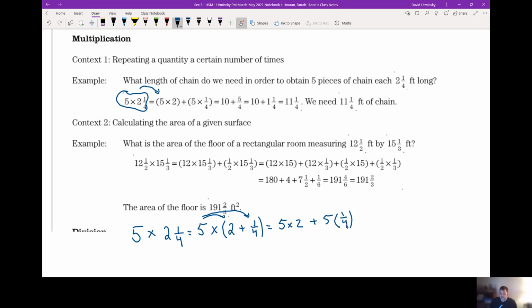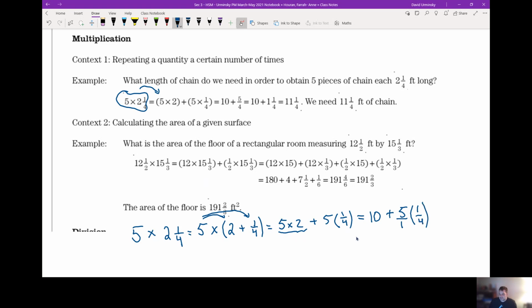Okay. Now each of these terms are simpler. So 5 times 2 is obviously 10. And the 5 times 1 quarter. So remember when you're multiplying fractions, well, let's look at 5. 5 can be written as 5 over 1, and a quarter is a quarter.